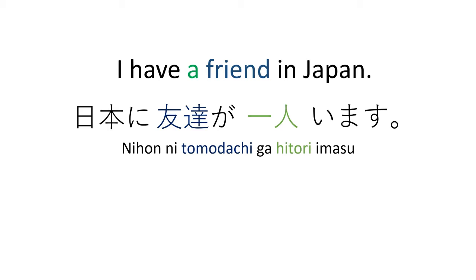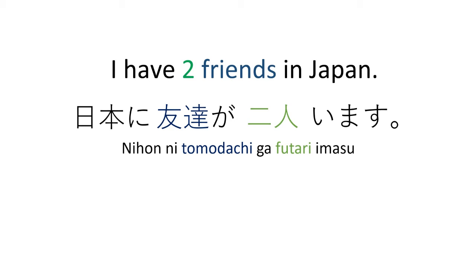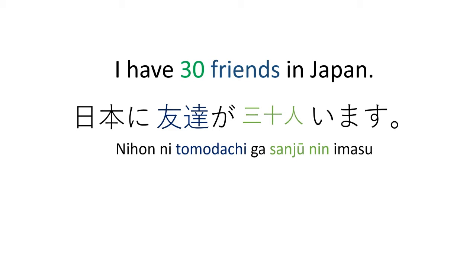Now we use hitori for one person. Nihon ni tomodachi ga 2人 imasu. I have 2 friends in Japan. Nihon ni tomodachi ga 30人 imasu. I have 30 friends in Japan, and so on and so forth.